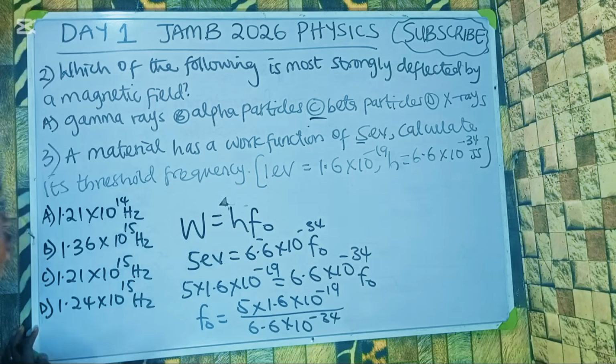Working with your calculator, the answer is going to give you 1.21 times 10 to the power of 15 Hz. So if you see a question like this, or even something similar, this is how you're going to solve it. From what we've done so far, the correct option to this question is option C.